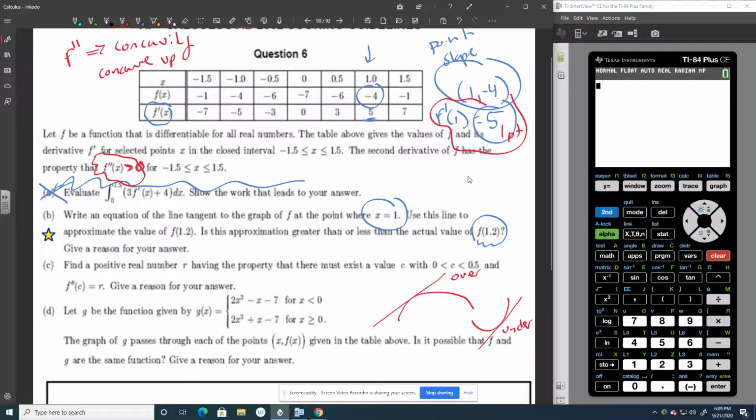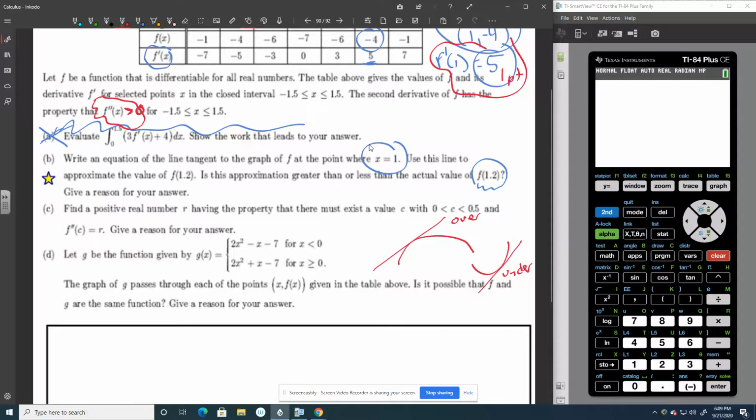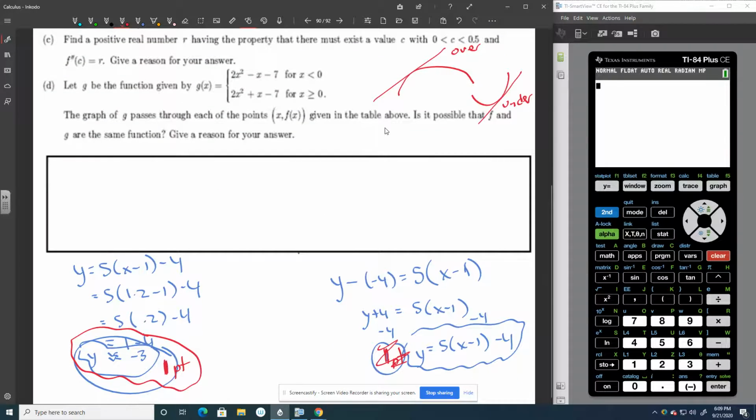Now, since we're between these 2 points, our second derivative is greater than 0. So what we would say is that our original function is concave up.